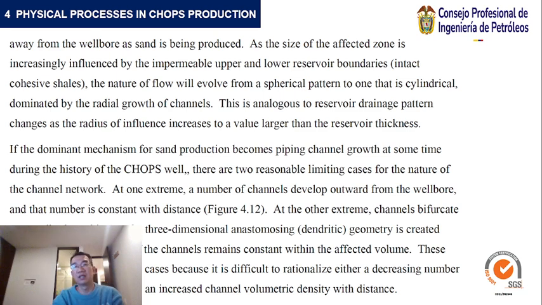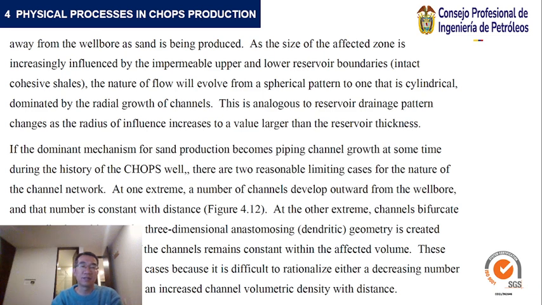This leads to reservoir drainage patterns as the radius of influence increases to a value larger than the reservoir thickness.